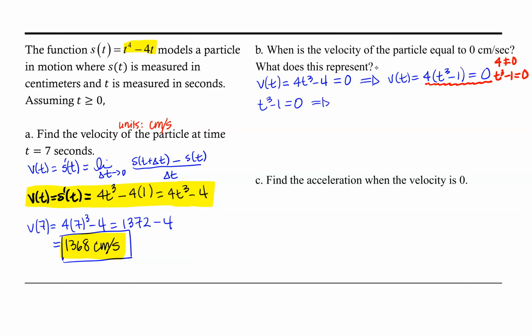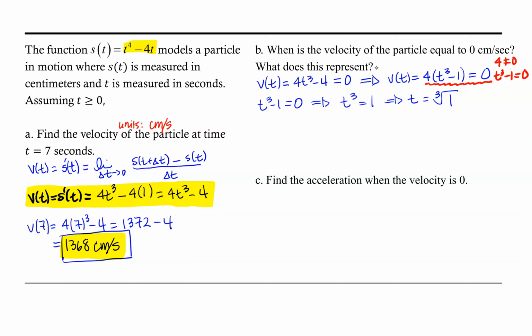We can add 1 to both sides of this equation, so we get t cubed equals 1. And then we can take the cube root of both sides. So t equals the cube root of 1. Now, unlike the square root, I don't have a plus or minus when I deal with cube roots, because when you cube a positive number, you still have a positive number.